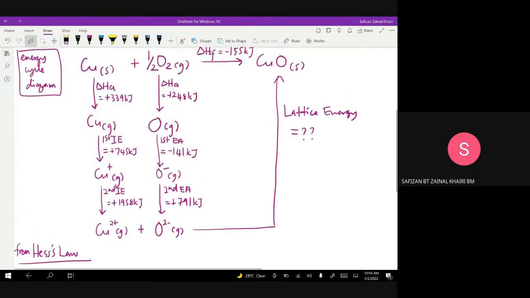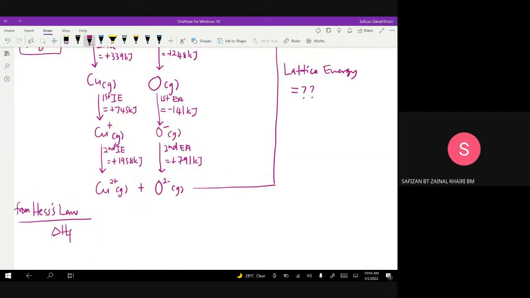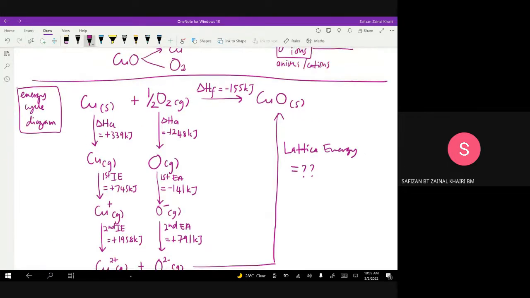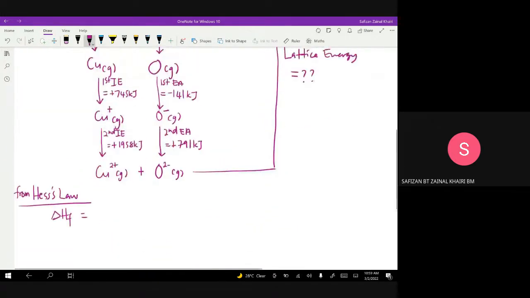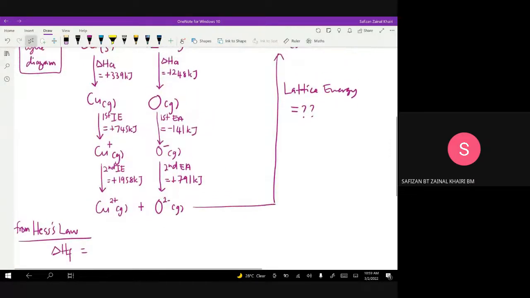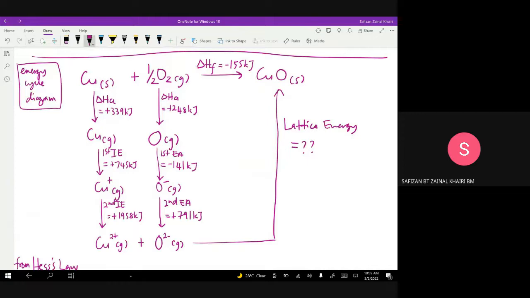delta HF is equal to the sum of all these enthalpy. Let's say, for easy reference, saya label ni sebagai delta H1. Here is a delta H2, delta H3, delta H4, delta H5, delta H6, and this is delta H7.